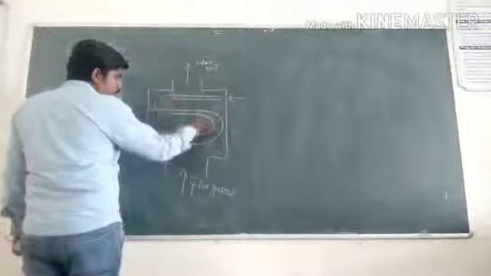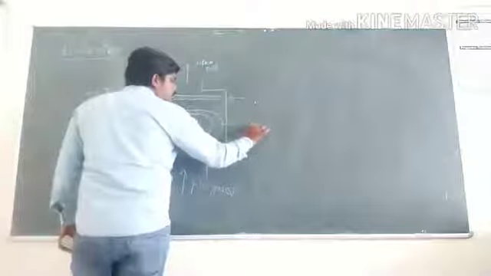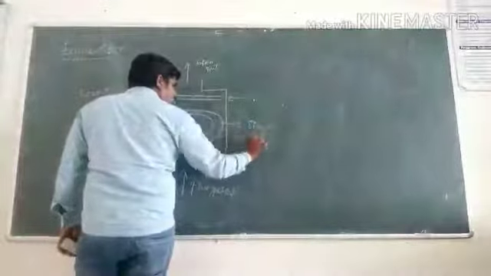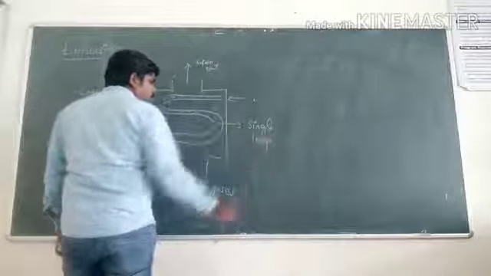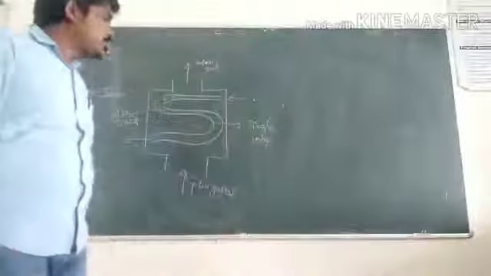This cast iron structure is a single loop. It is completely made in this shape, a single loop.